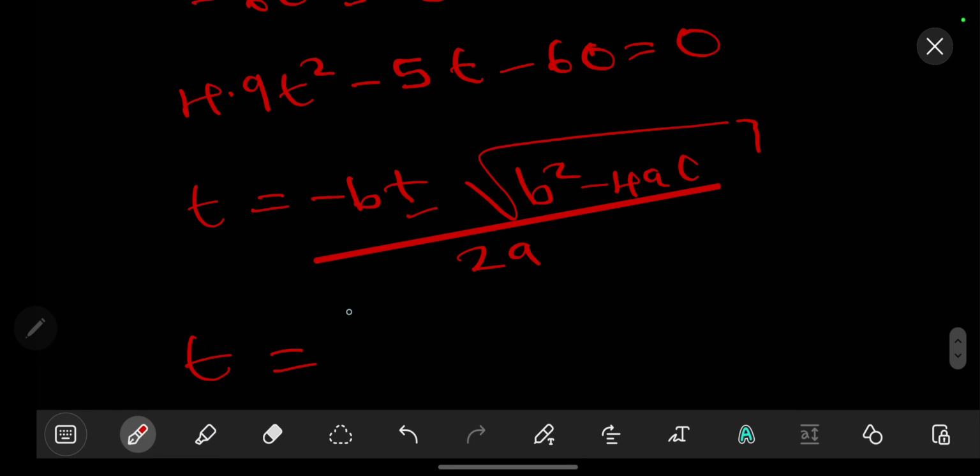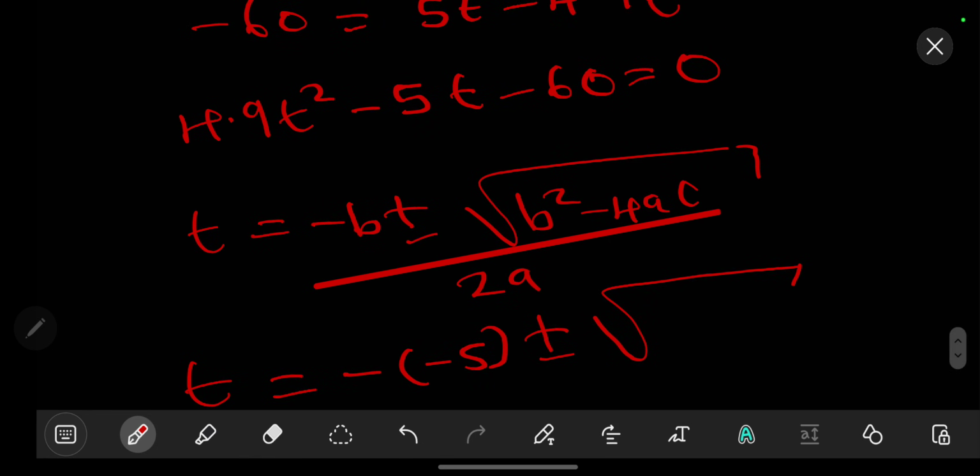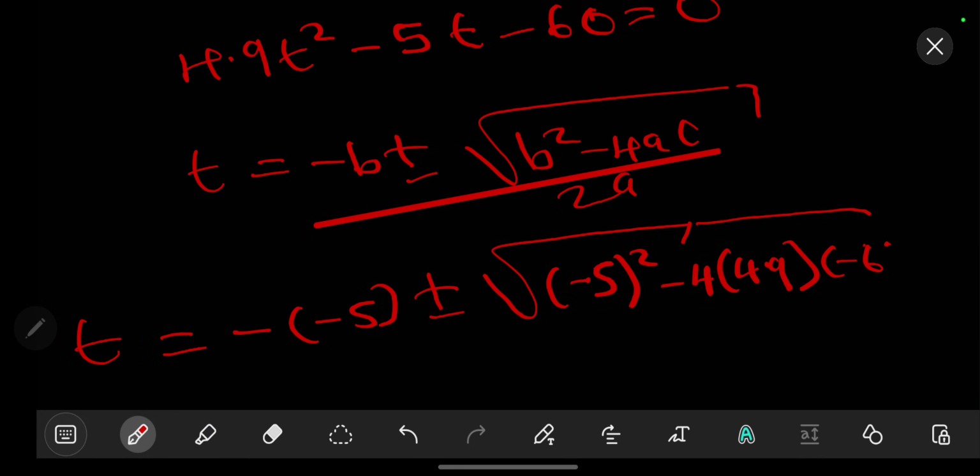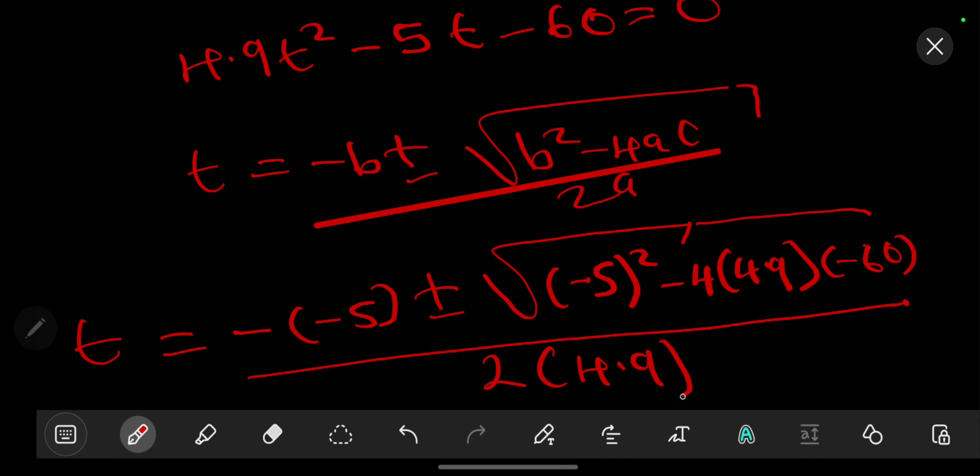So our t should be equal to negative b, where b is negative 5, plus or minus the square root of b squared, which is negative 5 squared, minus 4, where a is equal to 4.9, by c, which is negative 60 like that. Then we divide over 2a, where a is equal to 4.9 like that.